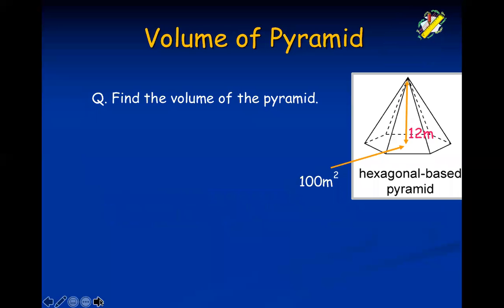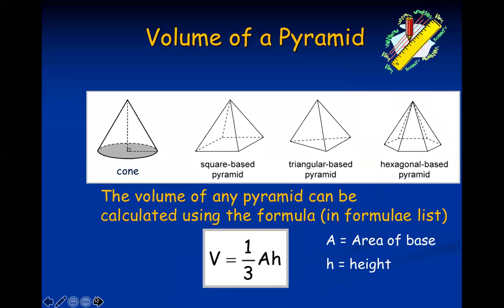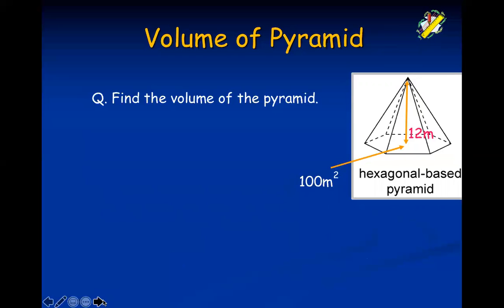So let's apply that. Here we've been given this exercise: a height of 12 meter with a hexagonal base pyramid of 100 meters square area. So what is the volume? A third times 100 times 12.